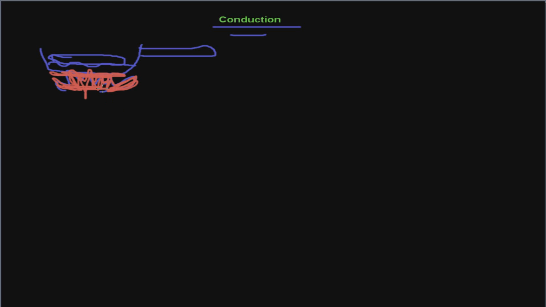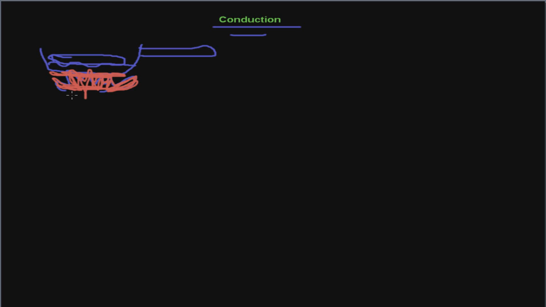The metal heats up because of the heat energy from the flame, and it conducts heat energy to the oil. Conduction is the transfer of energy through materials, mainly solids. There are some liquids and gases, but they're poor conductors, and we'll explain why soon.